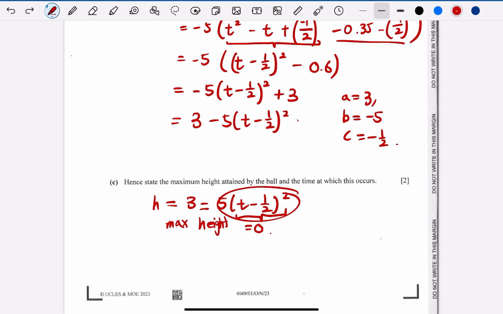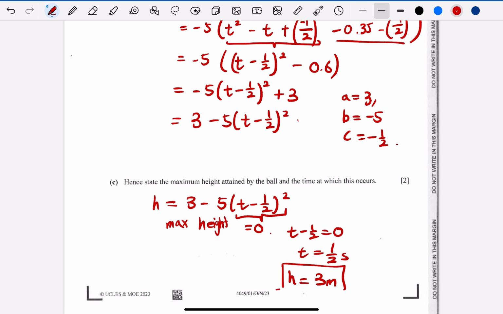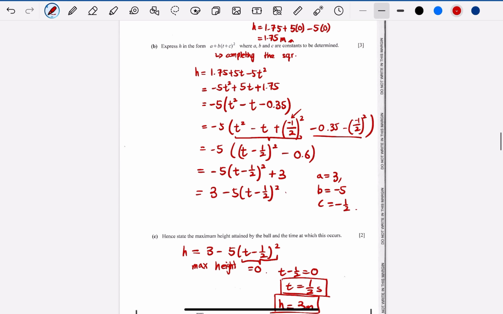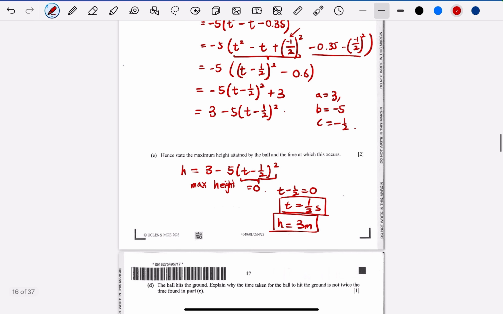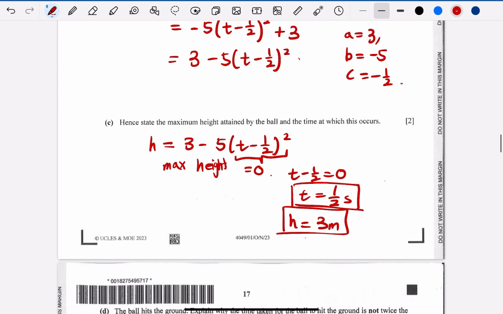So for the maximum height, this has to be equal to 0, which indicates that t minus half is equal to 0. Maximum height occurs when time equals half seconds. And this maximum height is 3 meters. So these are your answers for part C. Let me just double check if it's seconds. Yep, it is seconds.